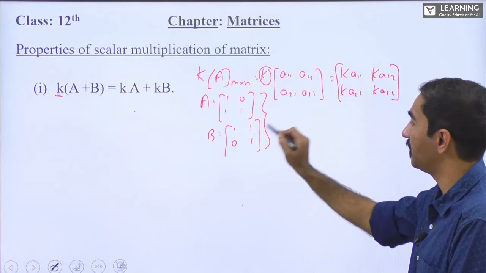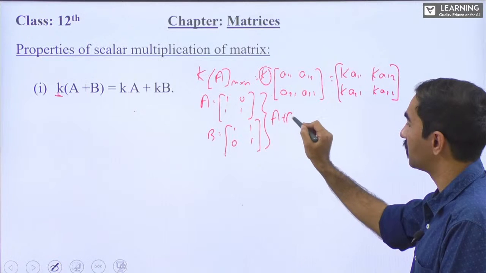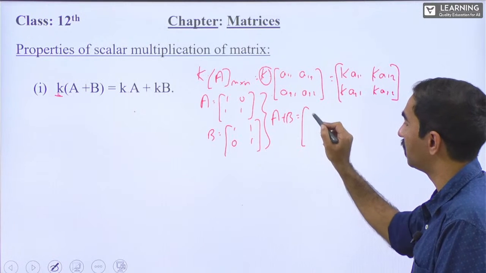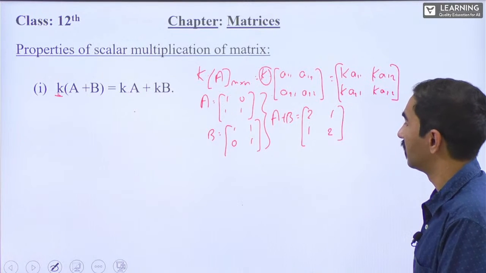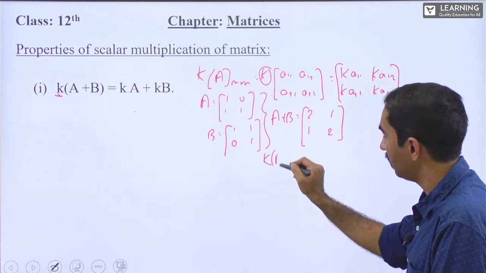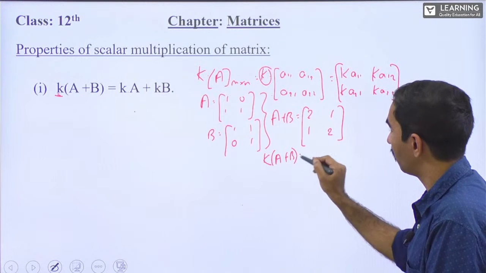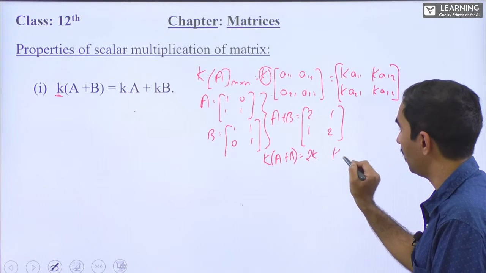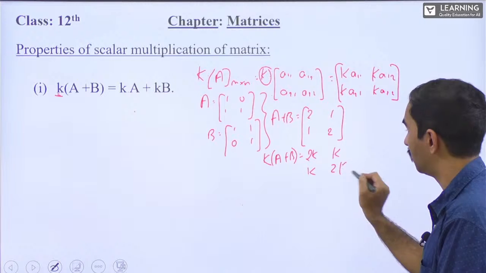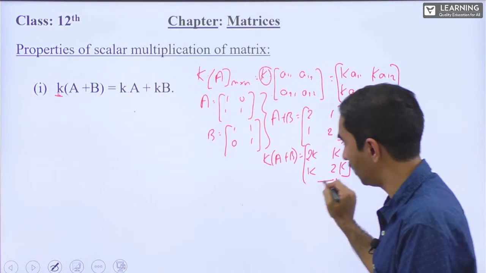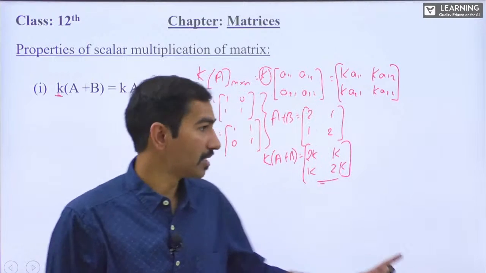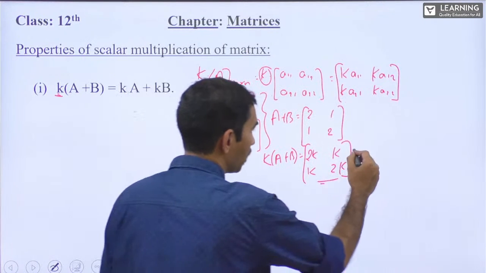So here quickly we'll do. See here, A and B we have written. What is A plus B, students? A plus B will be equal to [2, 1; 1, 2]. What is now K of A plus B? K(A + B) will be [2K, K; K, 2K]. Correct? Whatever sum we got here will be equal to what?